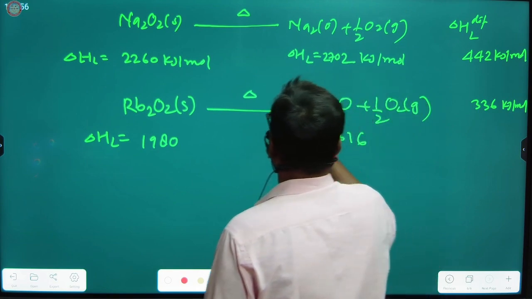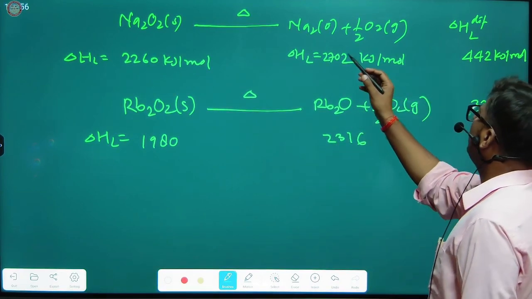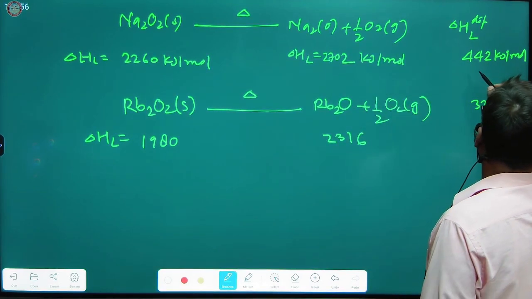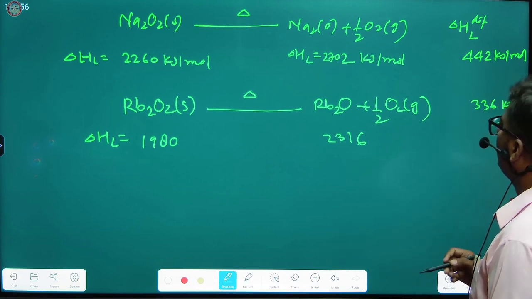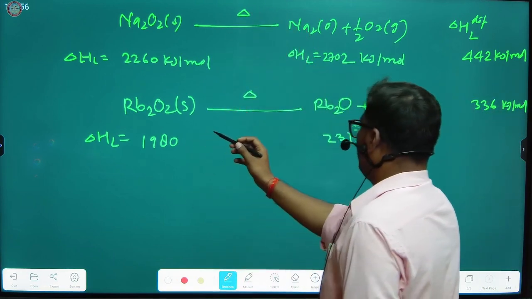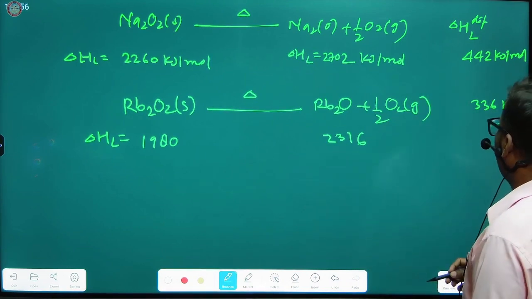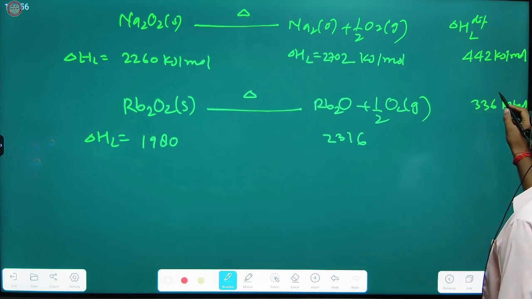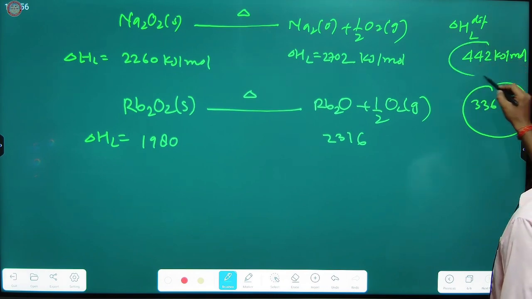So in case of sodium peroxide, the difference is 442 kilojoule per mole. It means there is a high difference. And down the group, rubidium peroxide forms rubidium monoxide, and the difference in lattice enthalpy is only 336 kilojoule per mole, right?